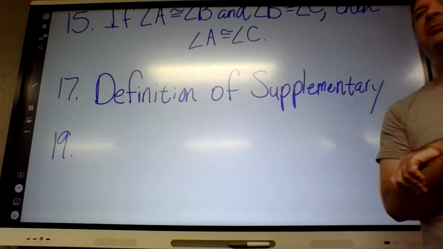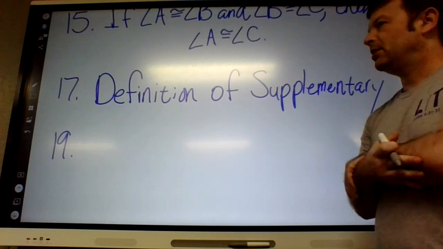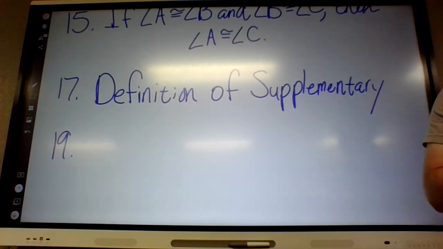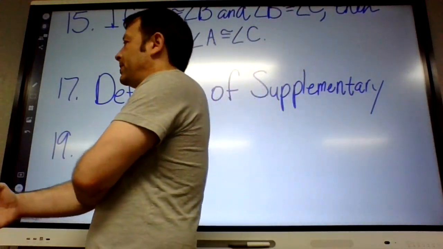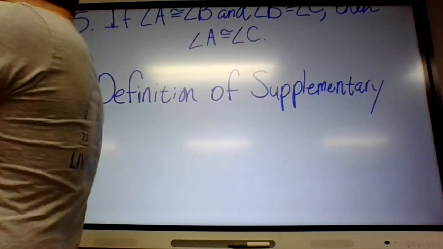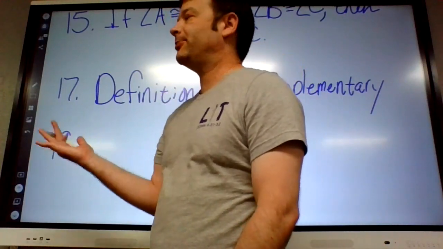Well, we talked about that, but you guys remember what linear pair meant? Linear pair means a straight line. Okay. What's the definition or theorem that says linear pairs are always supplementary? That was new, so it's just back one page.